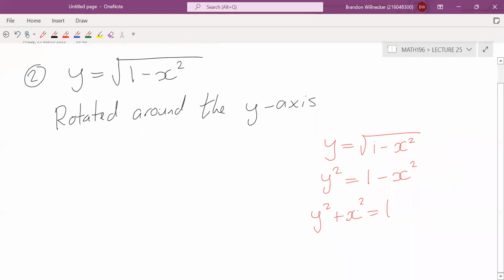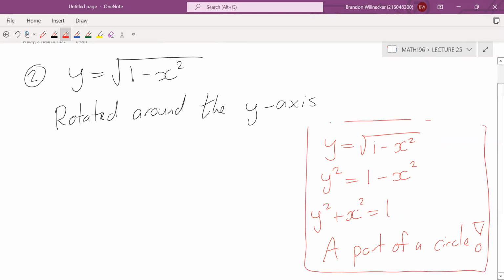So that means this is actually a part of a circle. Okay, so I'm not sure if you saw that last year, but this function here is going to be the first quadrant of a circle. Okay, so this is just a little side note in case you didn't see that.